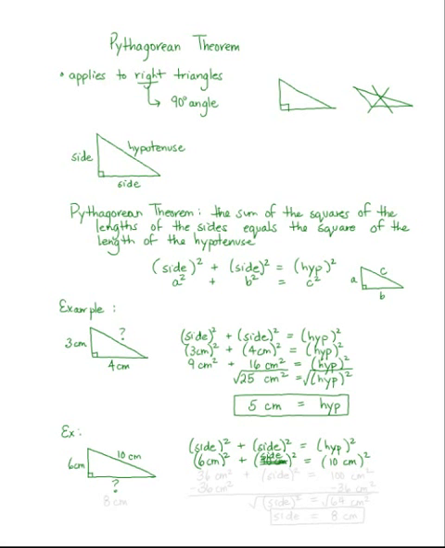Six centimeters quantity squared is the same as 36 square centimeters plus side squared equals 100 square centimeters.